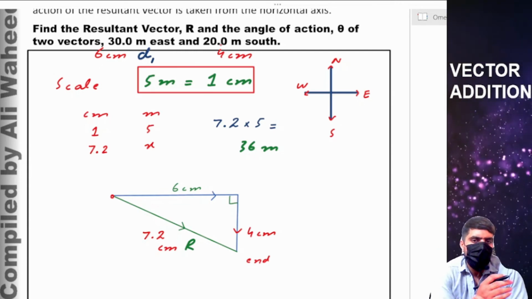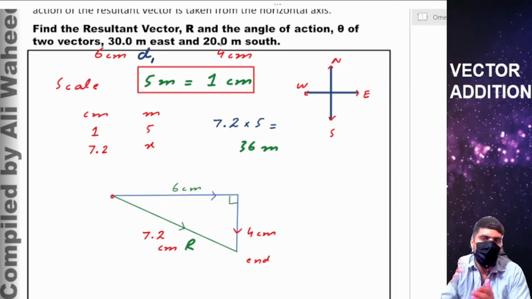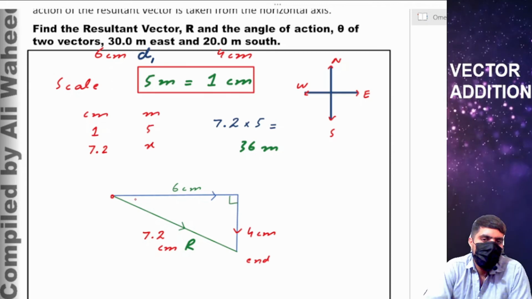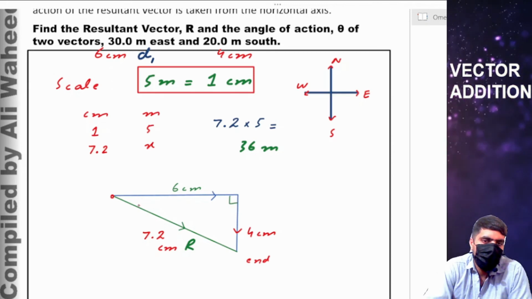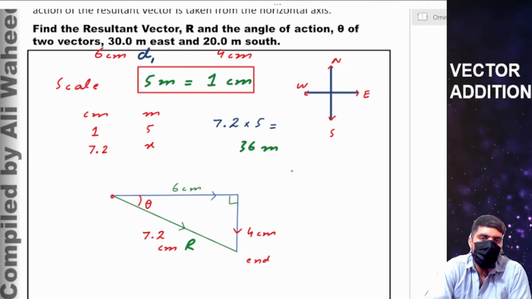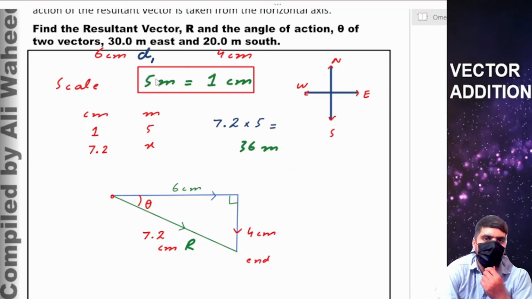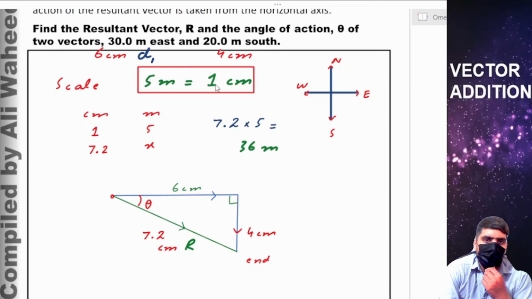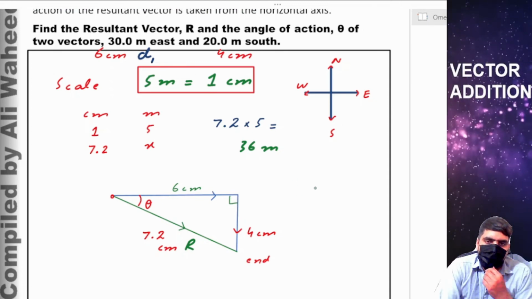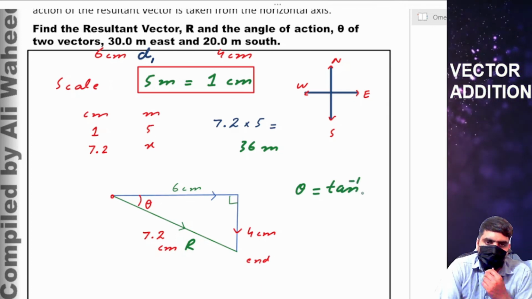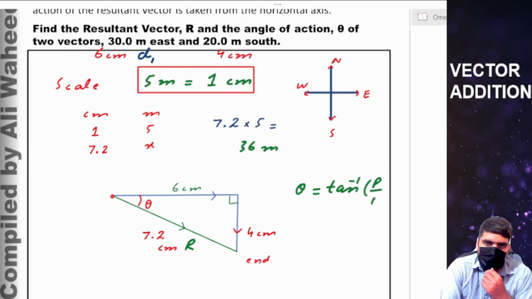For instance, if you have to measure the angle between east and the resultant vector, then the required angle would be this one, and you can calculate this angle by using a trigonometric ratio that we study in mathematics, and that angle would be theta equals tan inverse perpendicular over base.